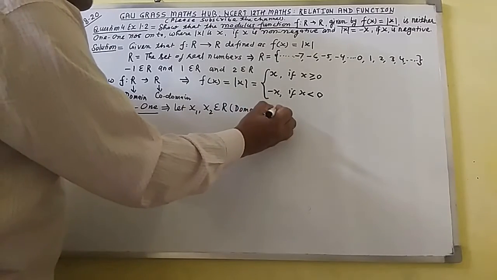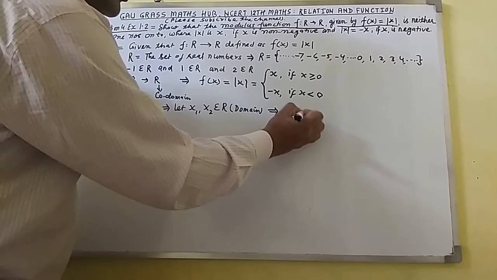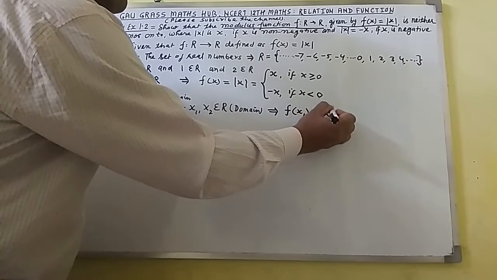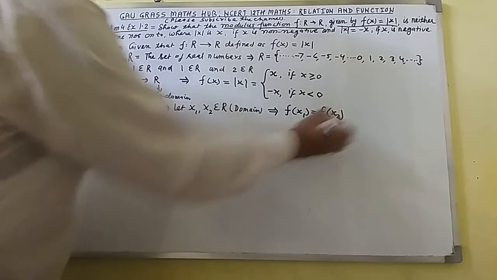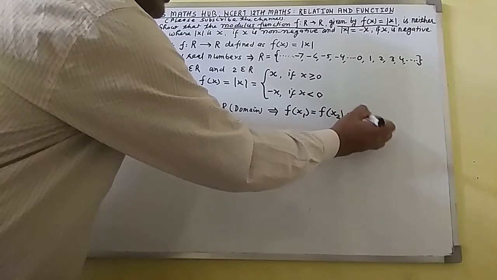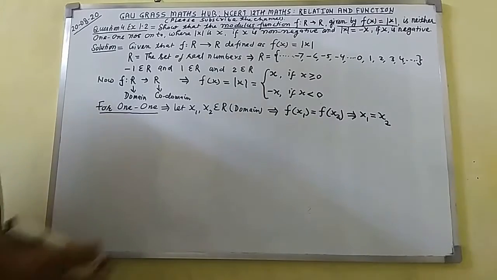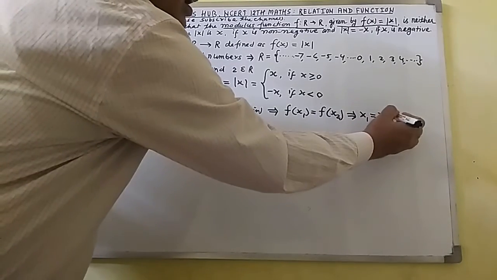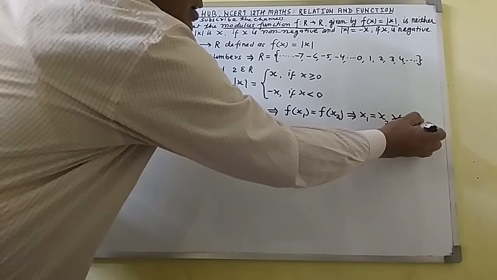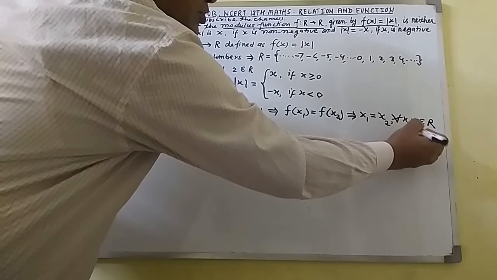Then f of x1 equal to f of x2 implies that x1 equal to x2, for all x1, x2 belonging to capital R, the domain.